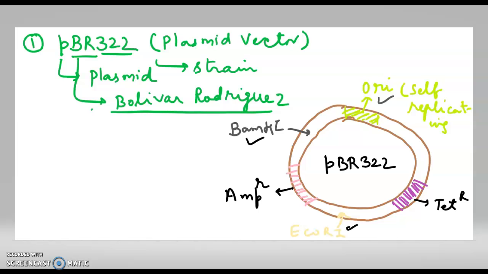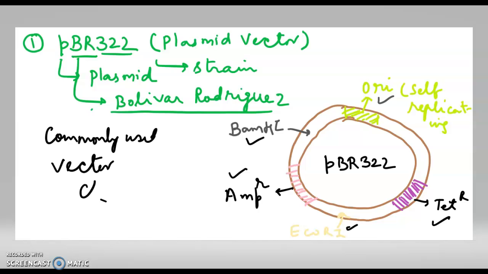Then as selectable markers, it has two antibiotic resistance genes, ampicillin resistance and tetracycline resistance. So these are the features of pBR322, which is very commonly used as a vector in rDNA technology or in cloning experiments.